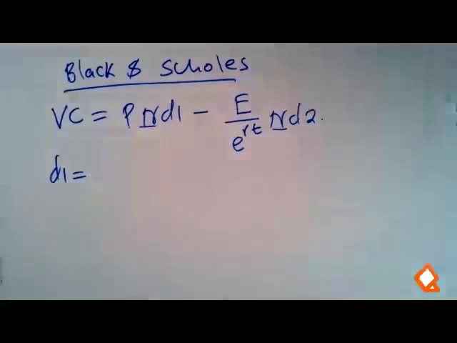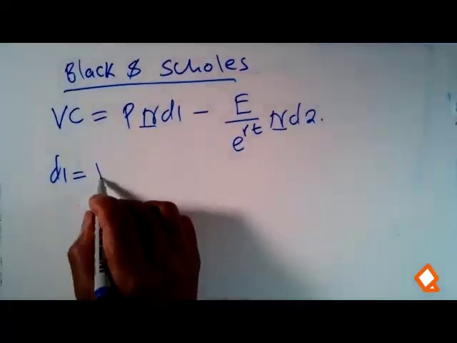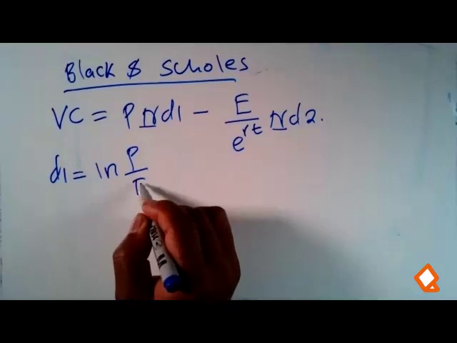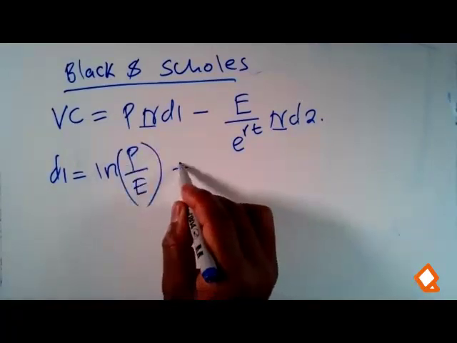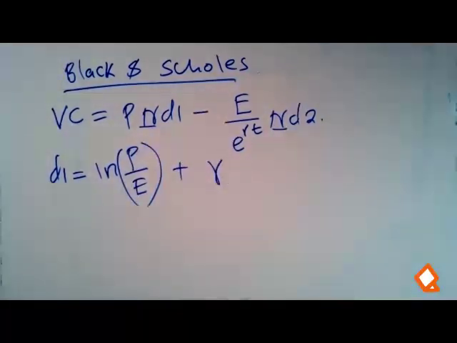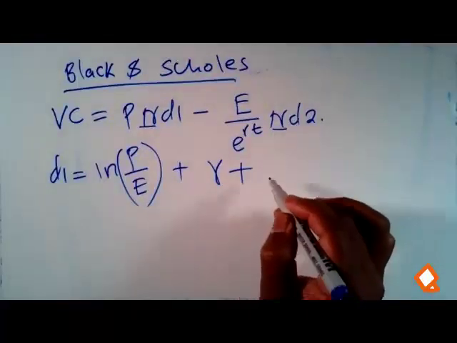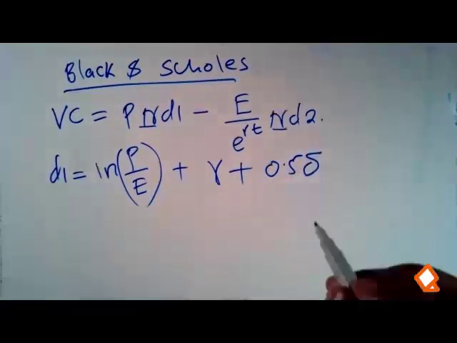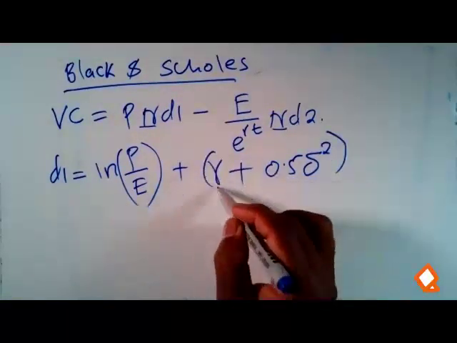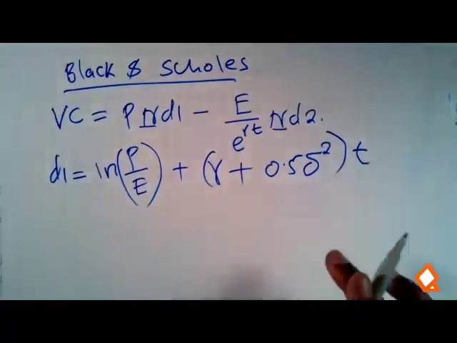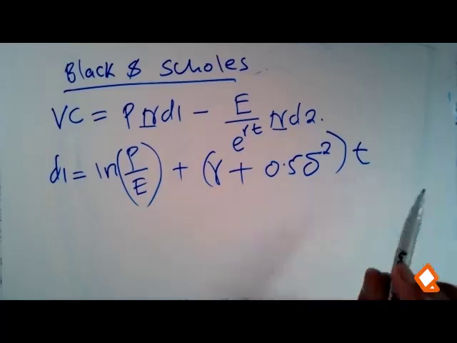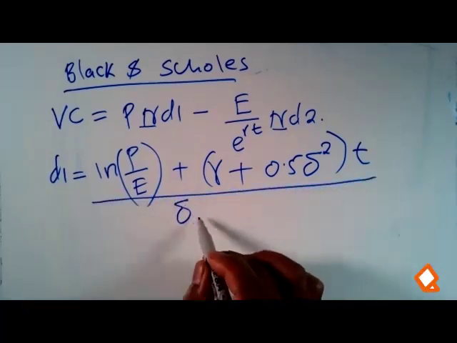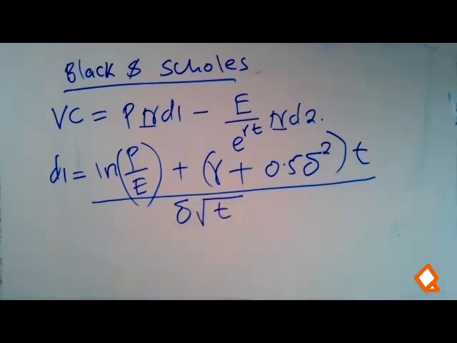For d1, you take the natural log of the market price per share divided by the exercise price, then add the risk-free rate plus half, or 0.5, of the volatility or standard deviation squared, multiplied by T, where T is the time remaining to maturity. Then you divide by the standard deviation times the square root of T.